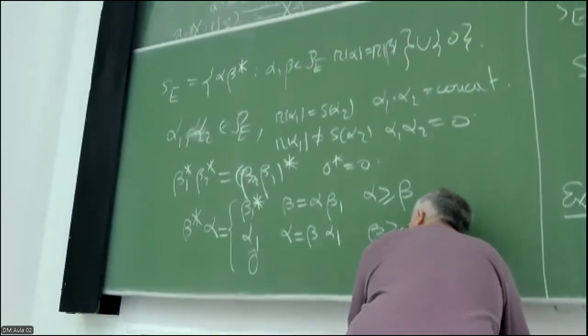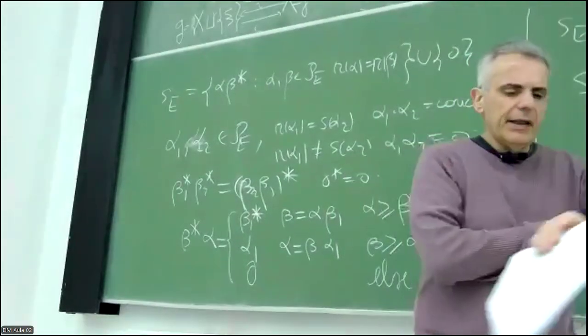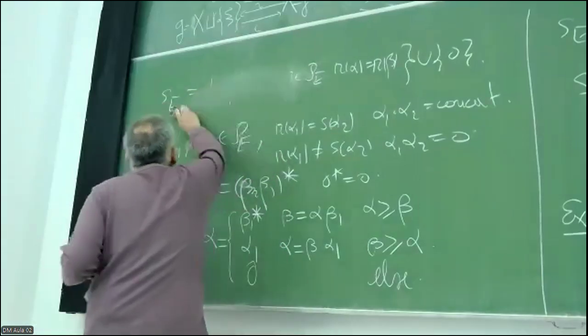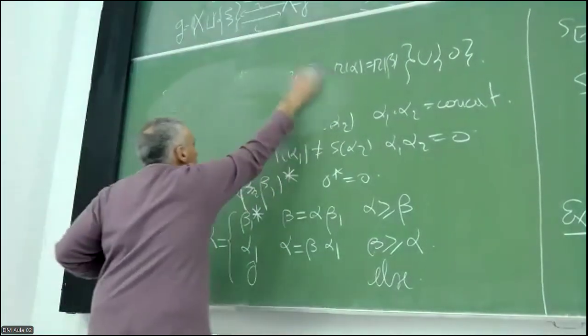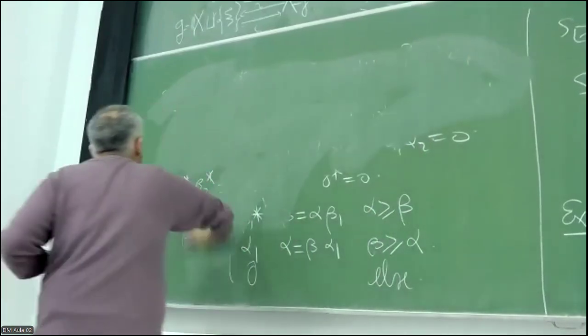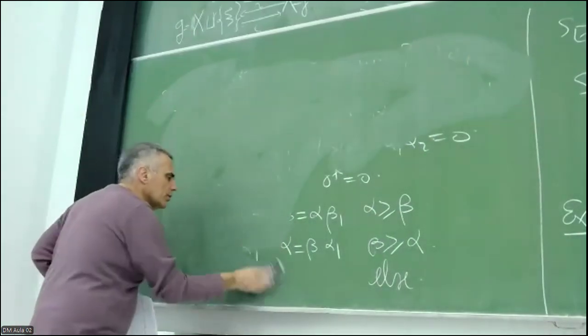So we've given examples of groupoids, Hausdorff and non-Hausdorff, both ample. And now to an ample groupoid, we want to associate an algebra, the so-called Steinberg algebra.